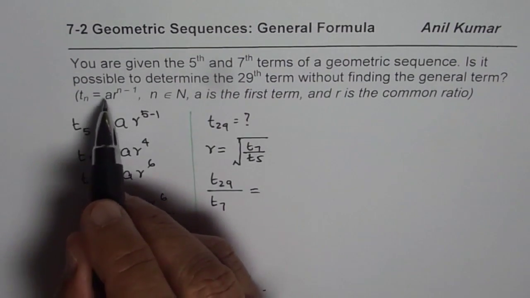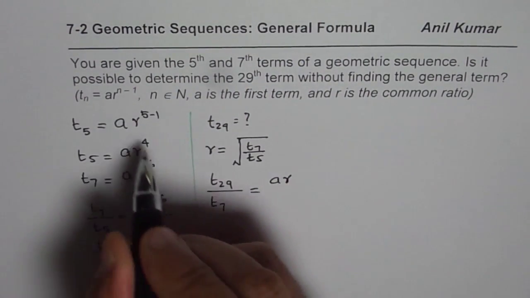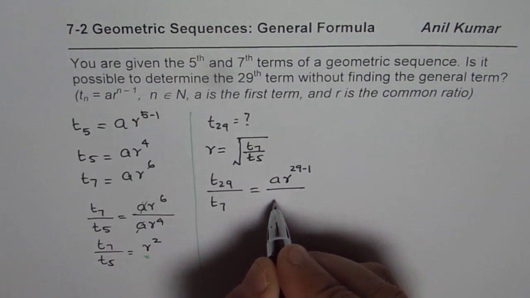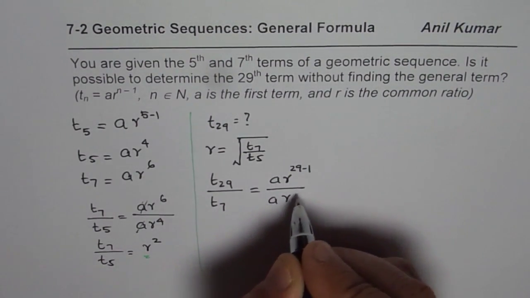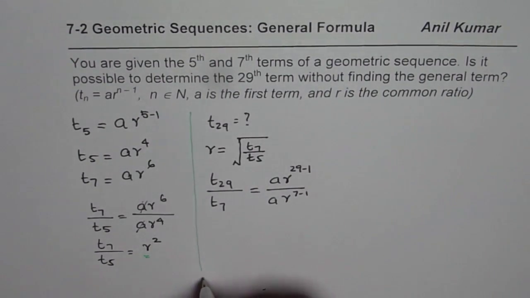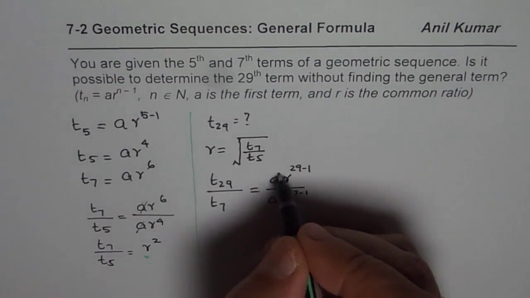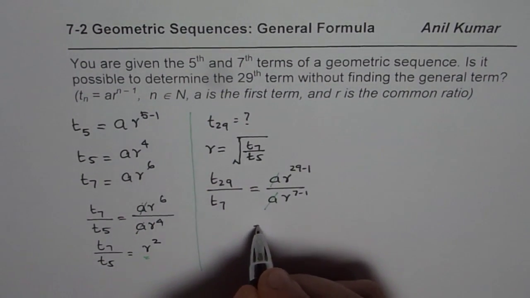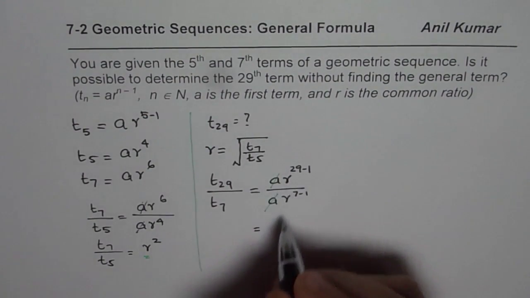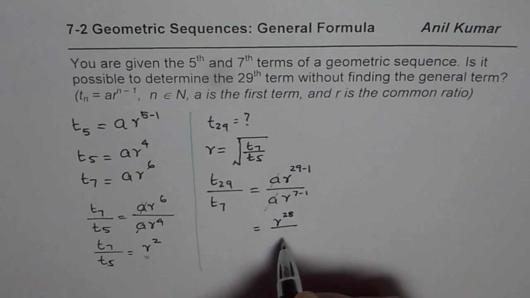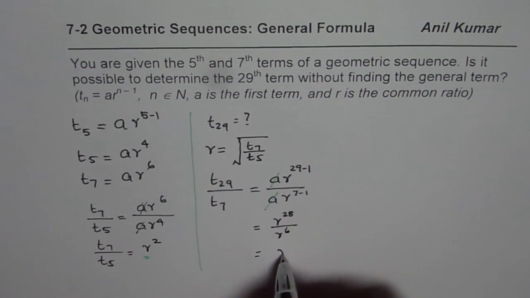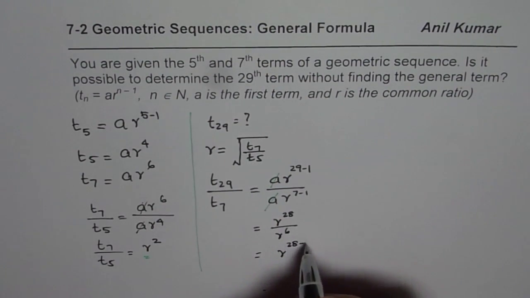T29 means a times r to the power of 29 minus 1, and T7 means a times r to the power of 7 minus 1. Now a and a cancel out. What are we left with? We get r to the power of 28 over r to the power of 6, which is equal to r to the power of 28 minus 6, correct?